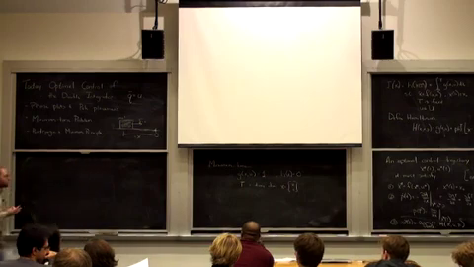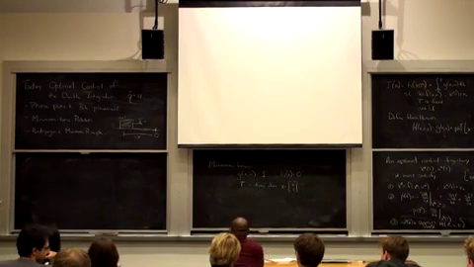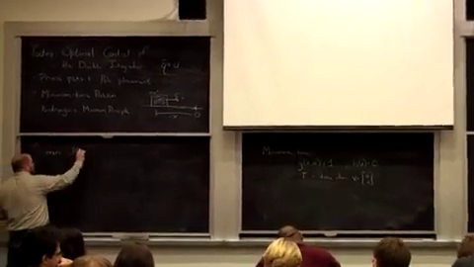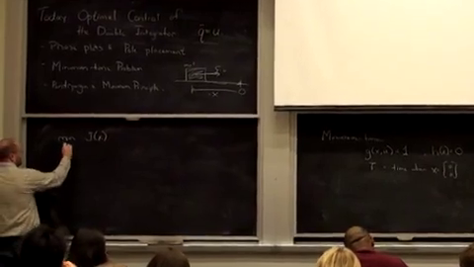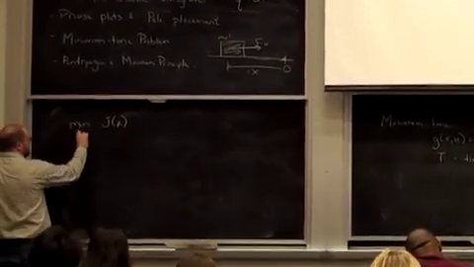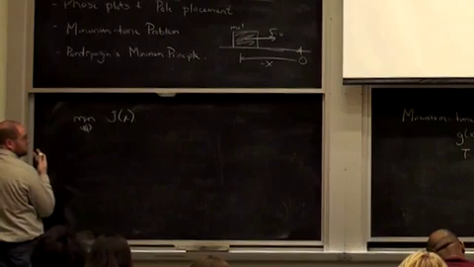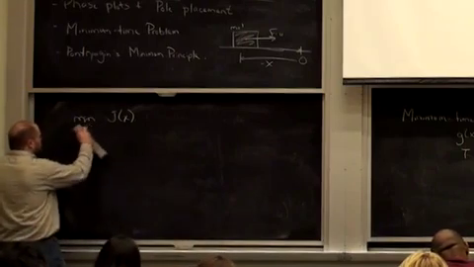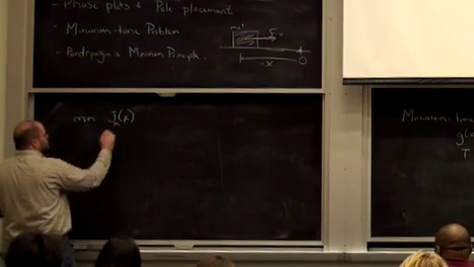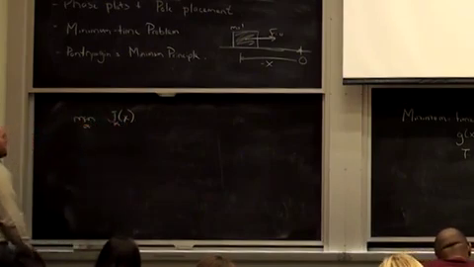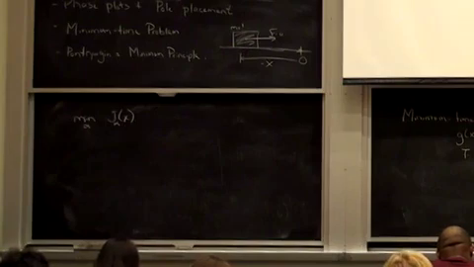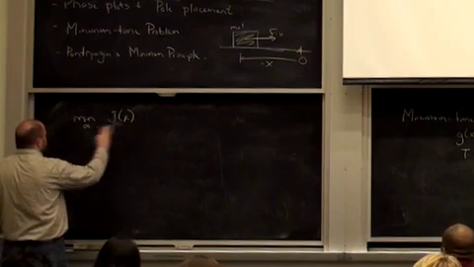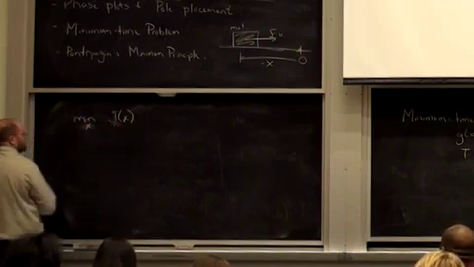In general, what I'm trying to do is minimize some function. In this case, I'm trying to minimize J by finding the u which minimizes that. But let's make it a little simpler just to make sure we get the basic idea. Let's just say minimize over x, J of x.